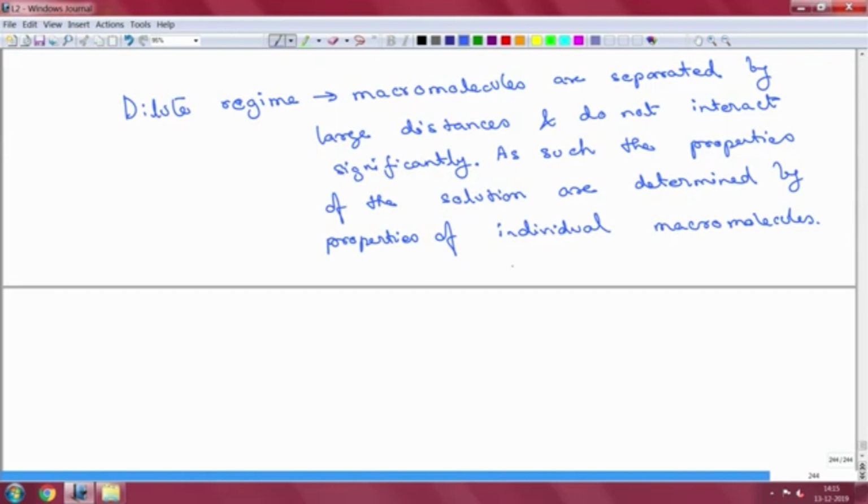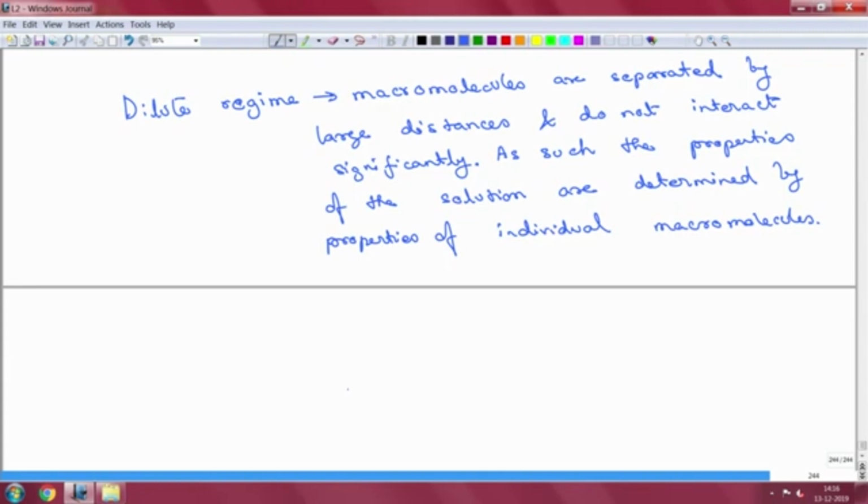Then the flow properties will be governed by the stresses on the individual polymer molecules, which will be largely responsible for the behavior of the solution or the response of the solution, right. So, in a sense this is similar to low density gases, okay, where they are not interacting with each other.